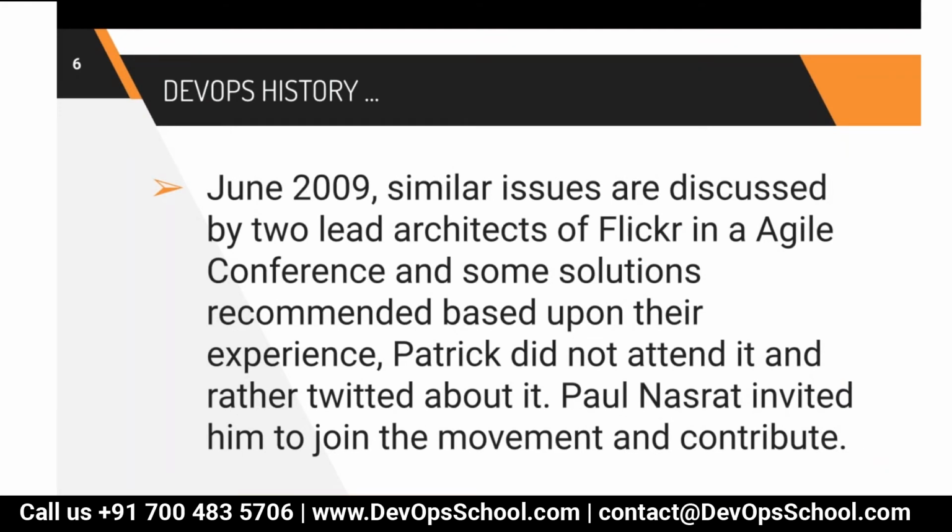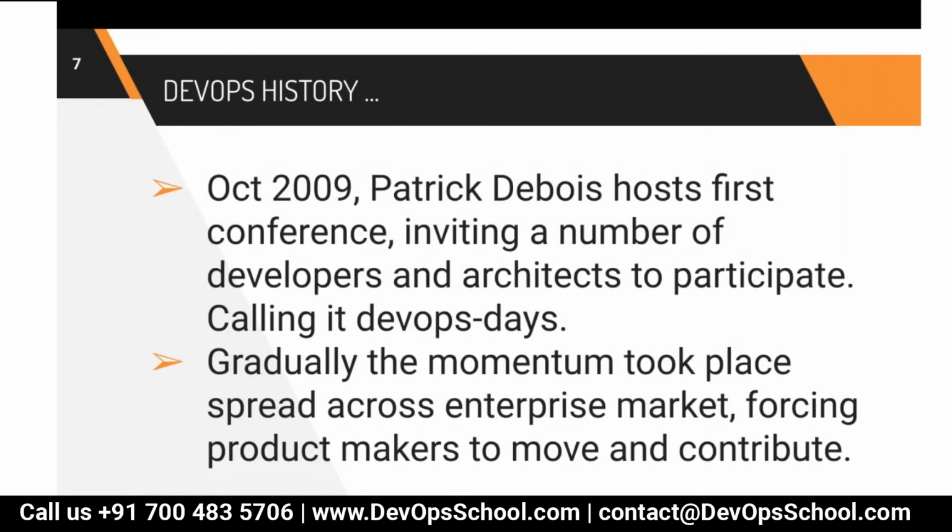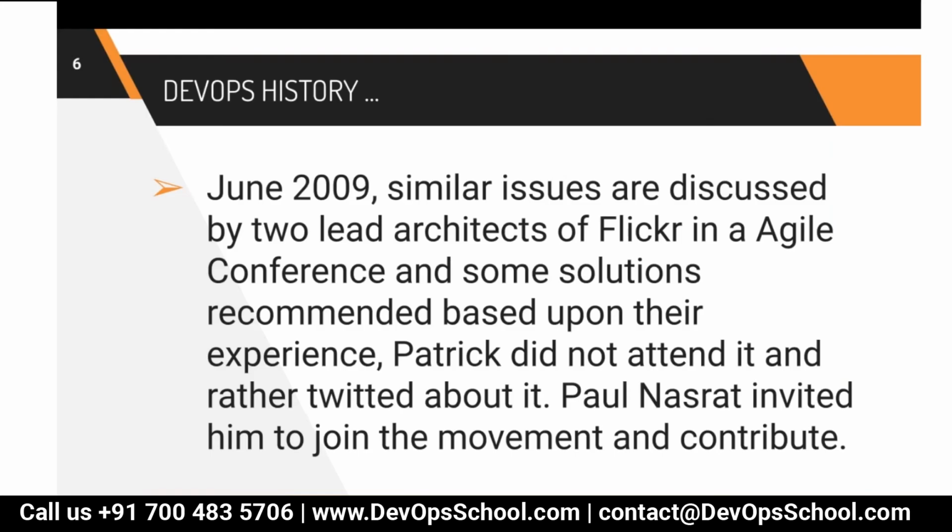There's a guy called Patrick, who is also called the DevOps founder. He and a couple of people eventually got into some meetings, and they figured out that if we can somehow automate and make our development and operations talk, then we can achieve a better delivery method. And that's how DevOps first came into existence.